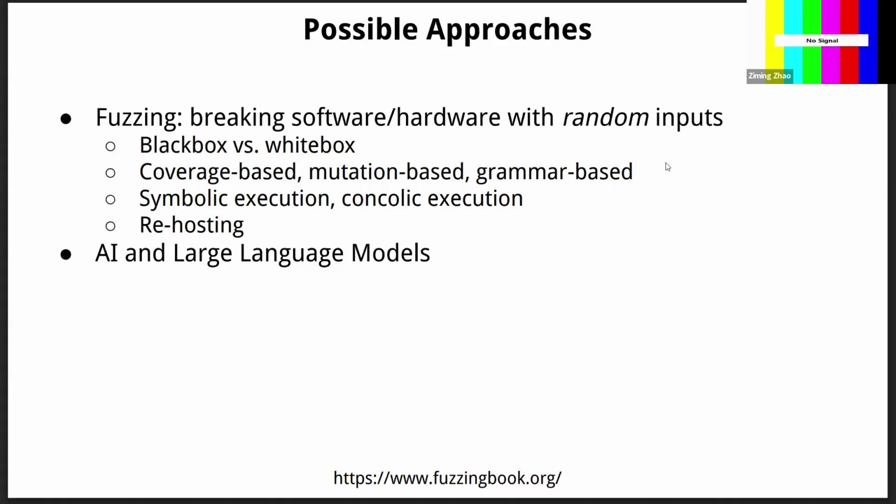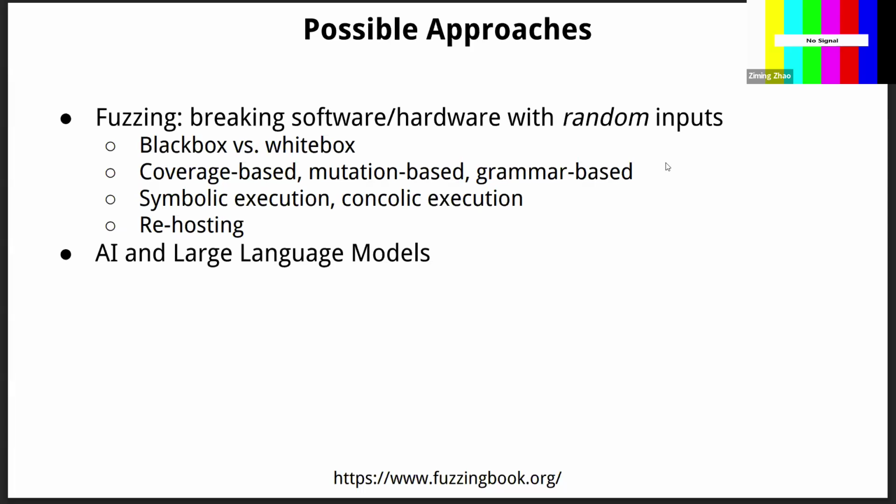You can give input to that device, or you can dump the firmware of that device and try to emulate it on a server, a powerful machine, where you can fuzz at a much faster rate, because that device is not as powerful as even our virtual machine. AI and large language models will play a role in the future.